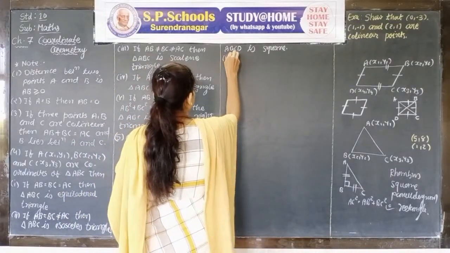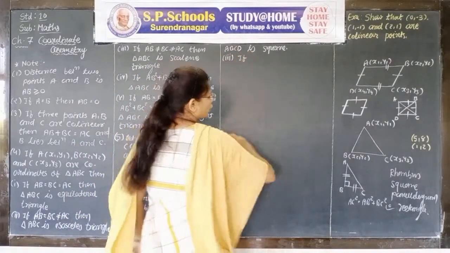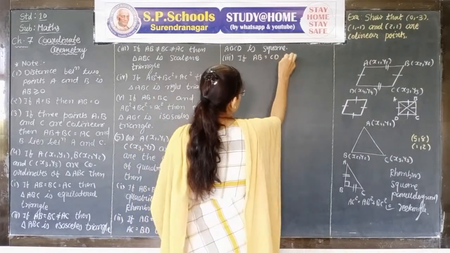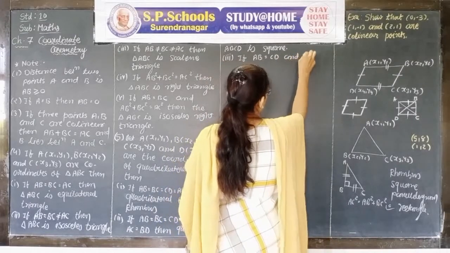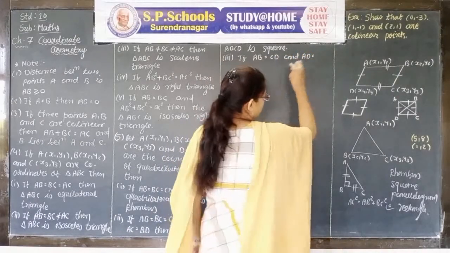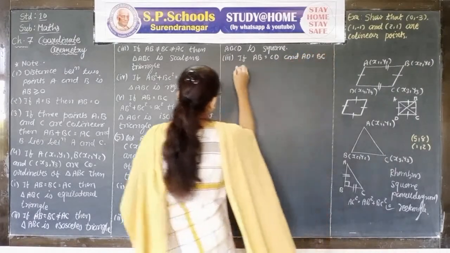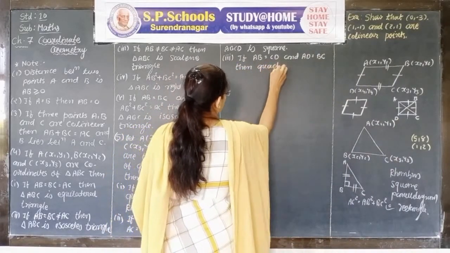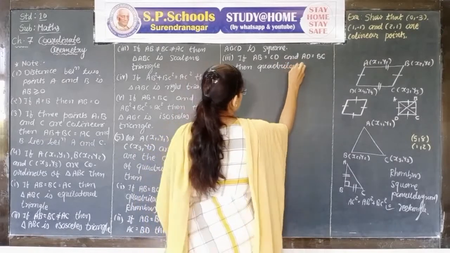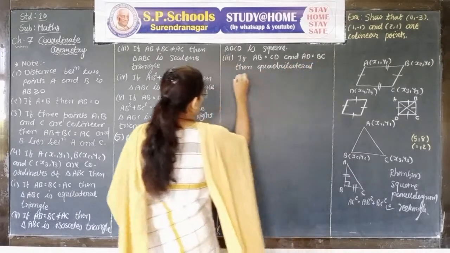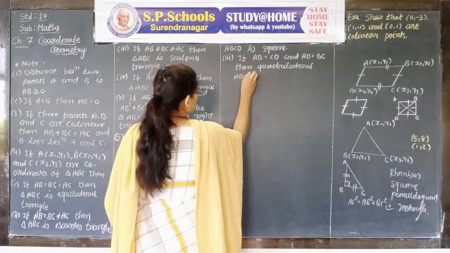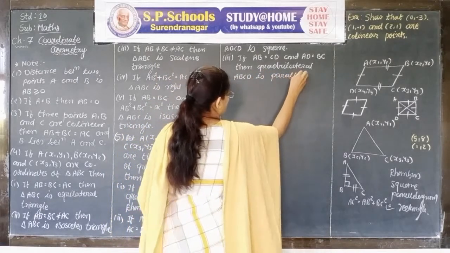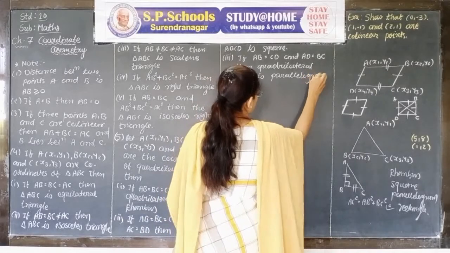Third number, if the opposite sides AB is equal to CD and the pair of other two sides AD is equal to BC, then quadrilateral ABCD is a parallelogram.